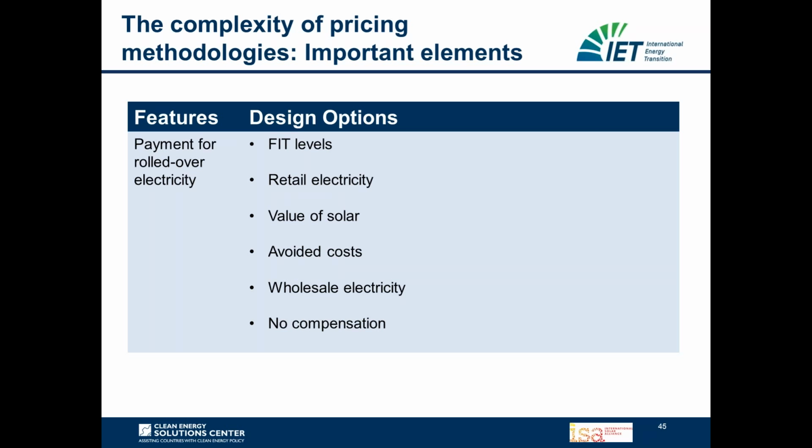So therefore, you're not getting the whole retail electricity price, but you're only getting the wholesale electricity price or the avoided cost. So by looking at this design feature, we're actually moving into net metering design 2.0 or 3.0, and we will have a more in-depth discussion on all the various design options in the in-depth session on net metering design.